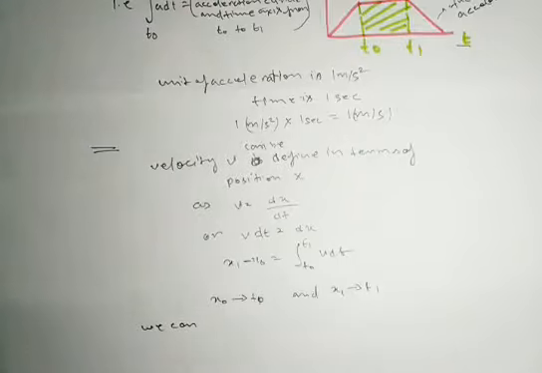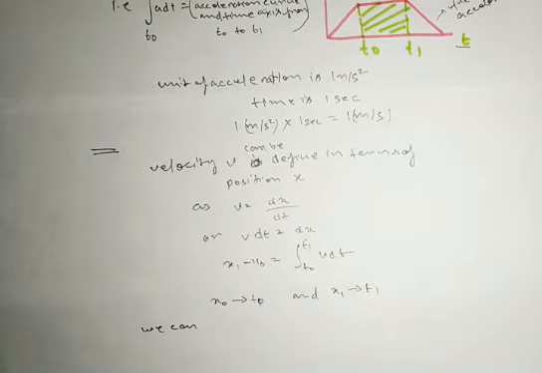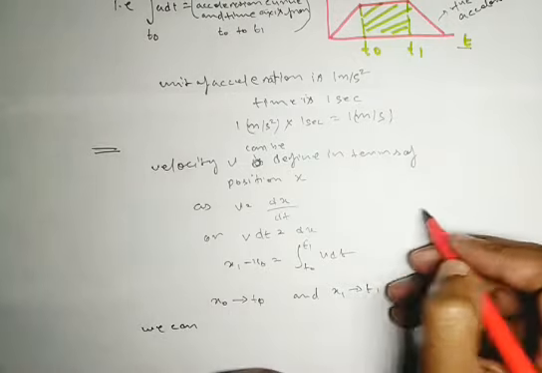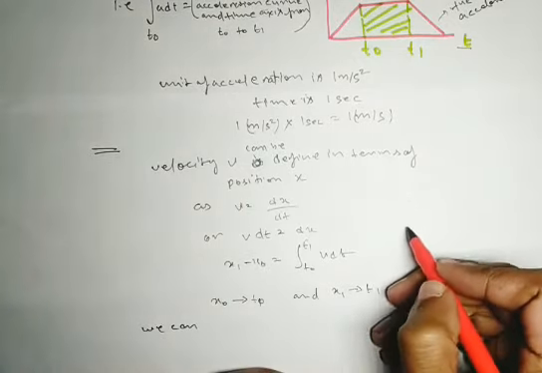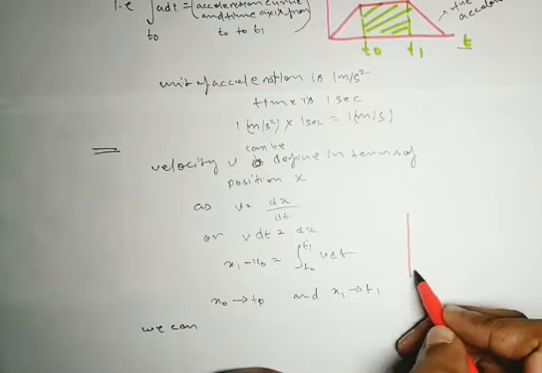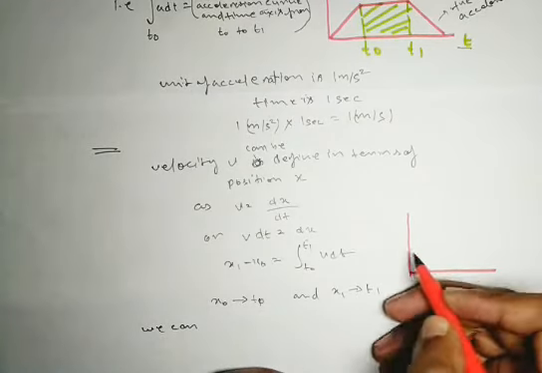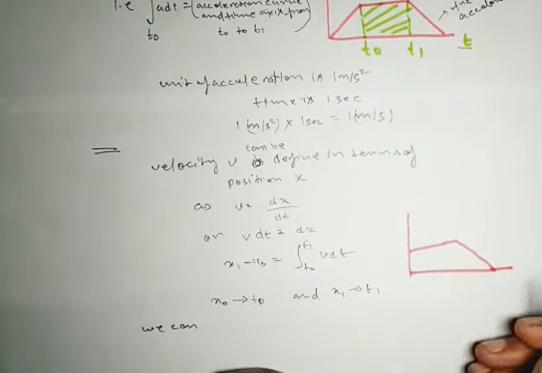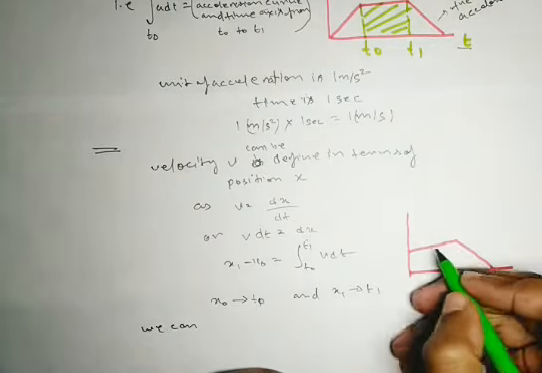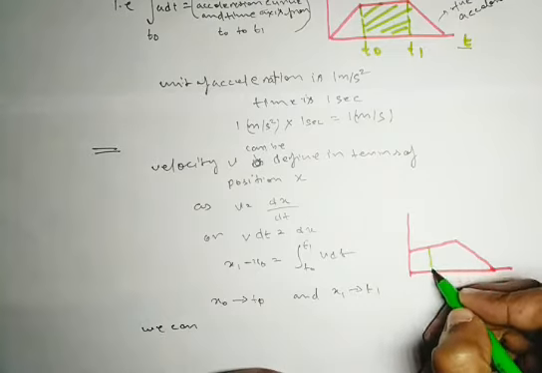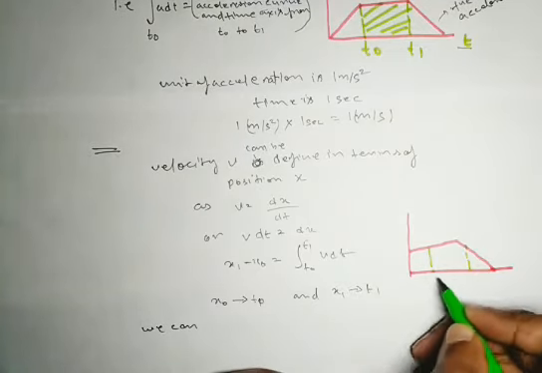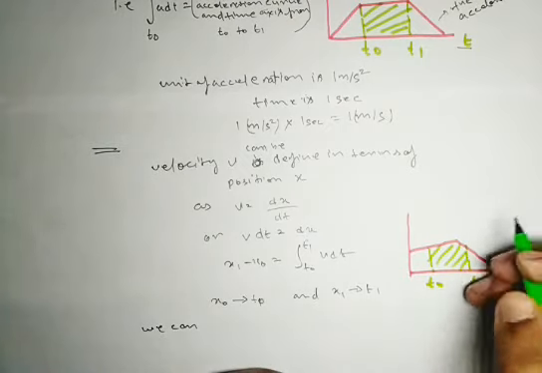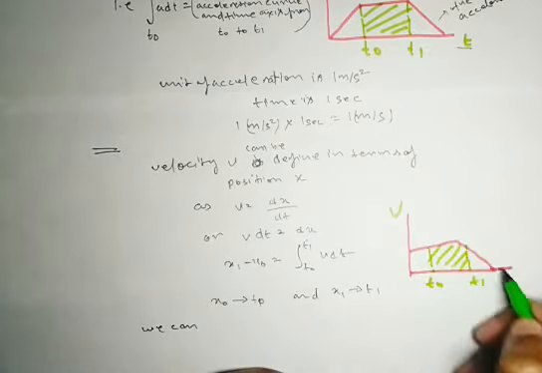First of all, we have to draw a graph of v-t. Let's take the graph as this, and this point is t0 and t1, and this is the area. So this is the v-t graph.